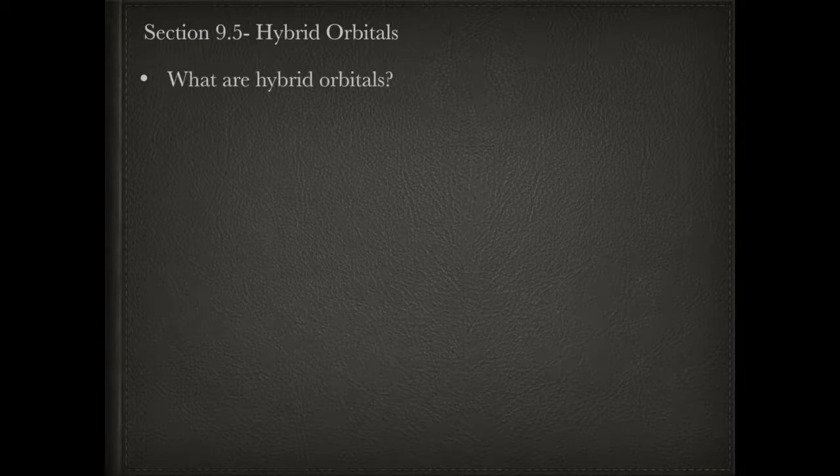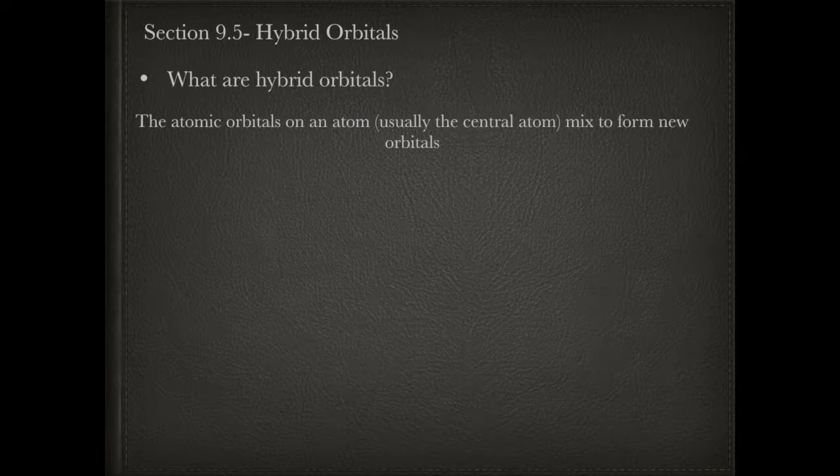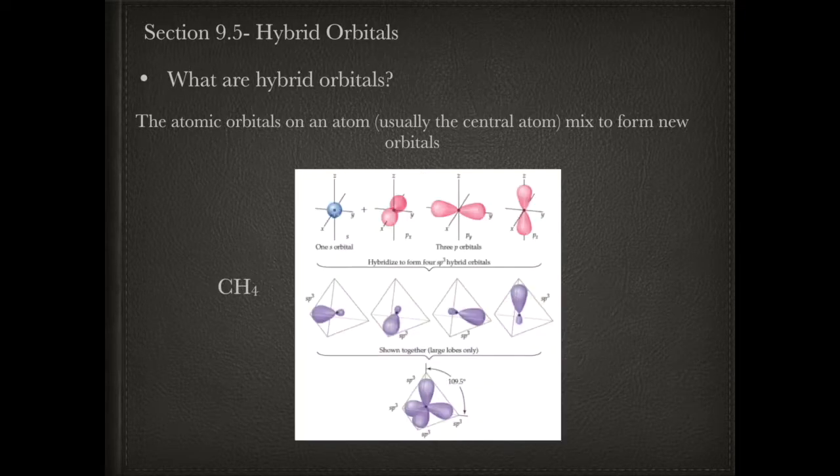And so what exactly are hybrid orbitals? Well, hybrid orbitals are the atomic orbitals of an atom, and normally we're talking about the central atom, that mix to form new orbitals. So they're mixing together to create these hybrids, these combinations of atomic orbitals. So if you look at CH4, the valence electrons for carbon come from an s orbital and then 3 p orbitals.